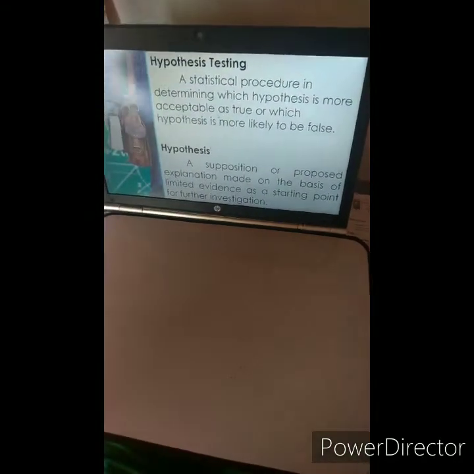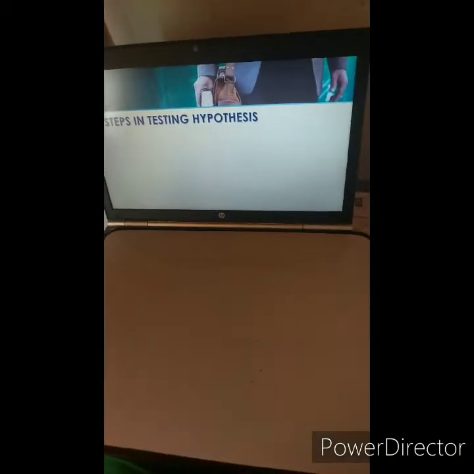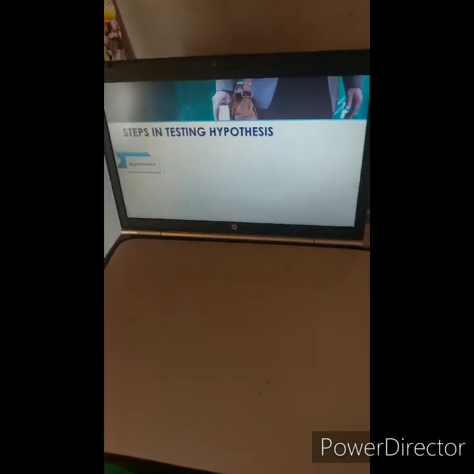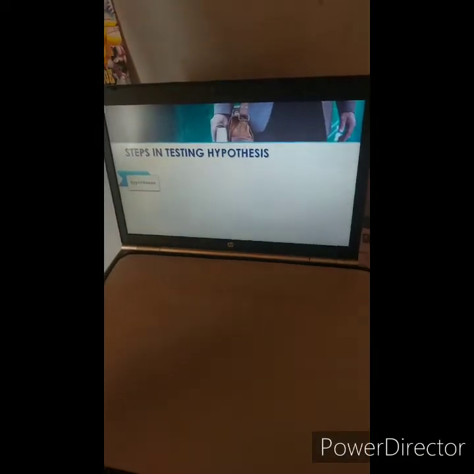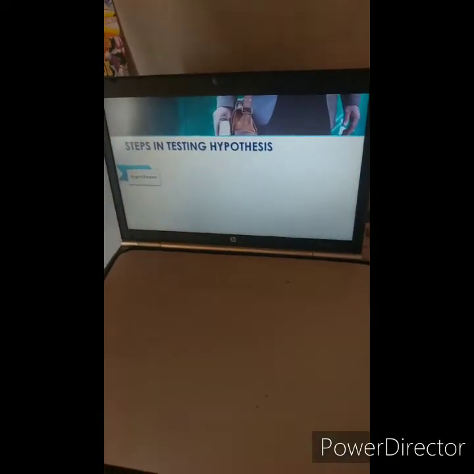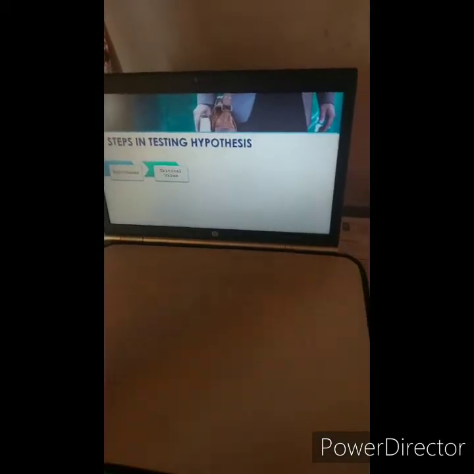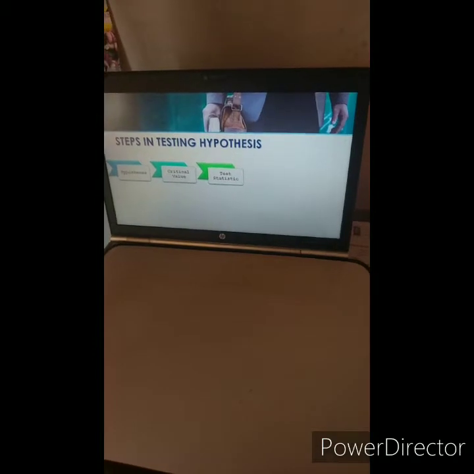So that is hypothesis. Now, steps in hypothesis testing. First is the hypothesis. You have to make first your hypothesis, and we are going to give examples on that later. Next, we have to make sure that you know the critical value, or which test you are going to use. Are you going to use t-test, z-test, or other tests? Next, test statistic.